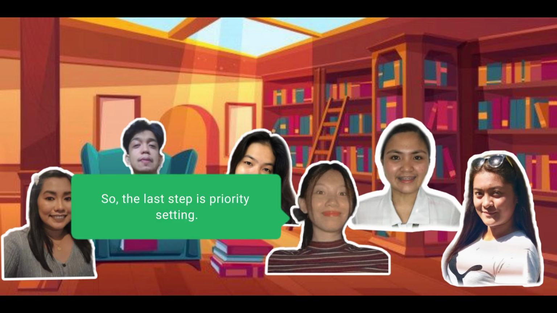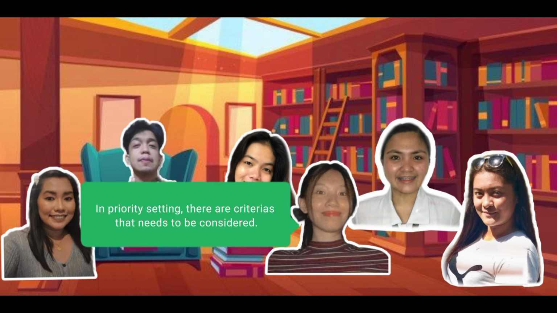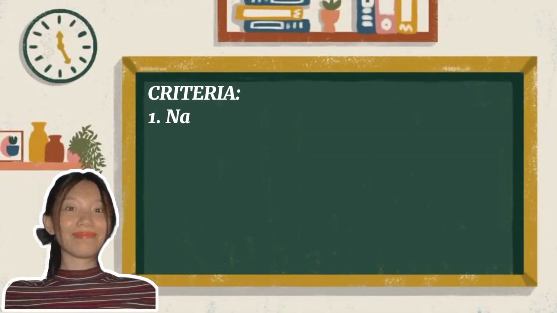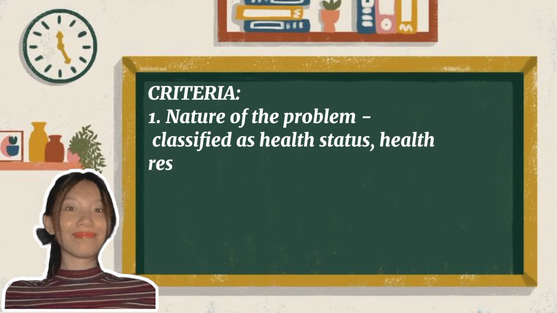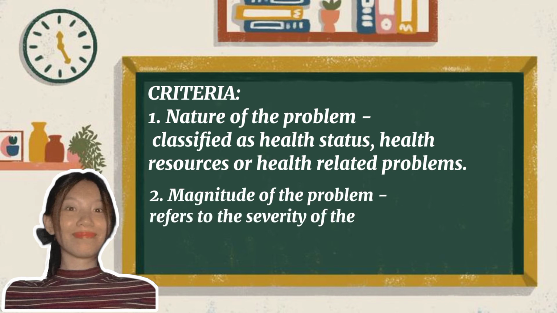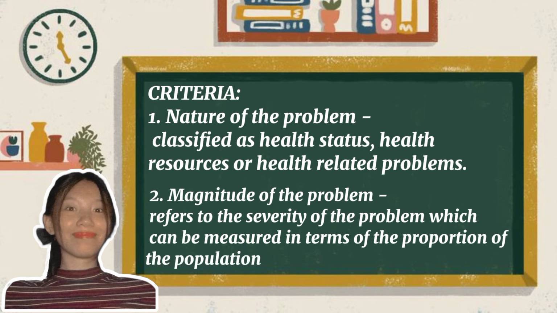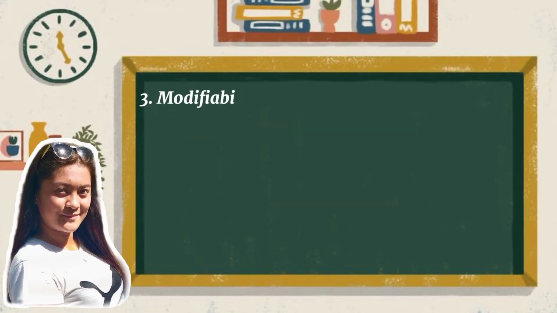So, the last step is priority setting. In priority setting, there are criteria that need to be considered. Criteria 1. Nature of the problem classified as health status, health resources, or health-related problems. 2. Magnitude of the problem refers to the severity of the problem, which can be measured in terms of the proportion of the population affected by the problems. 3.